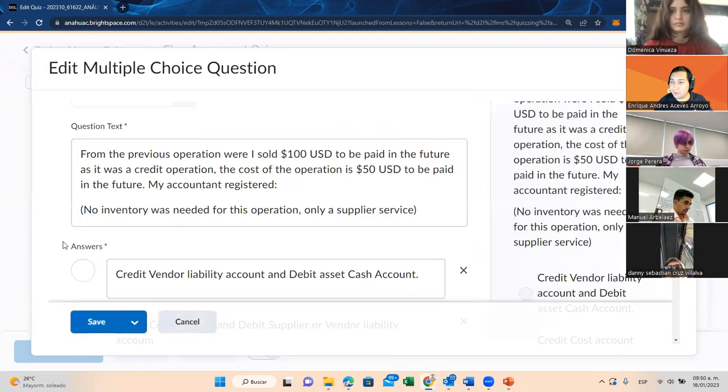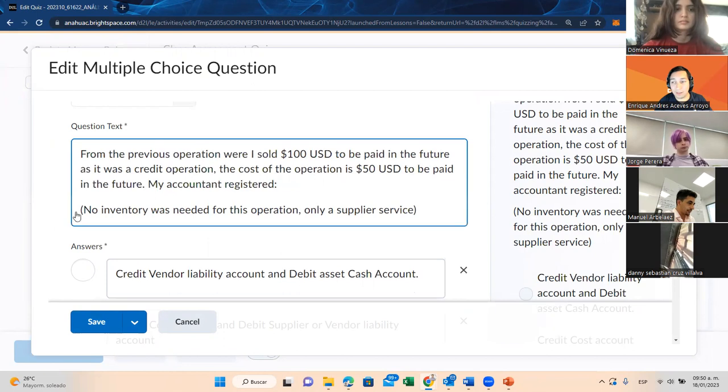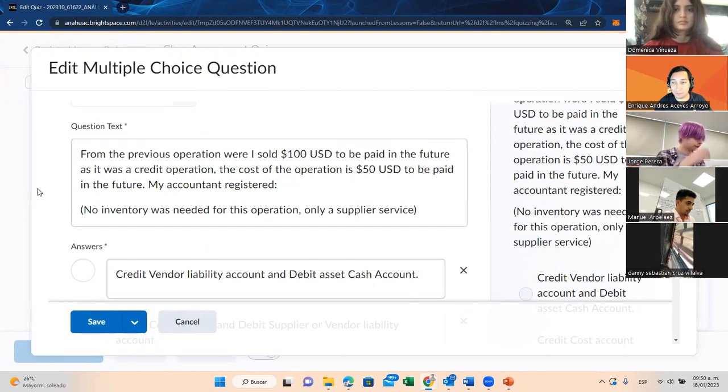From the previous operation where I sold 100 to be paid in the future, as it was a credit operation, the cost of that operation is $50 to be paid in the future. My accountant registered it. And of course, there was no inventory involved in this operation.